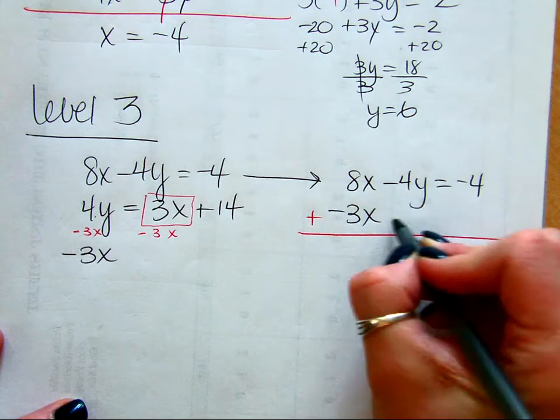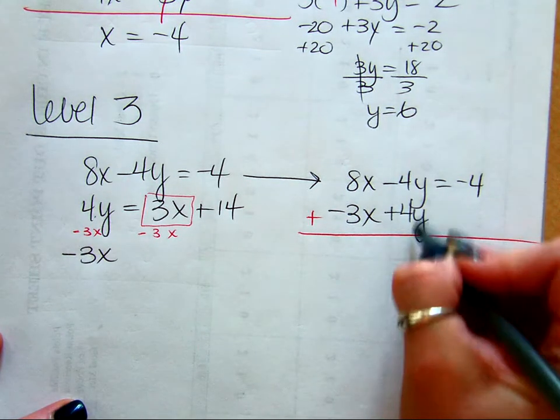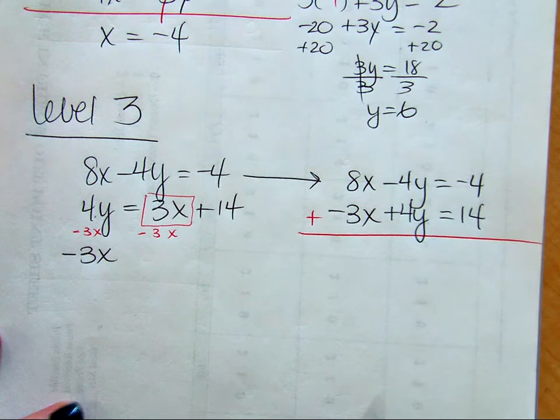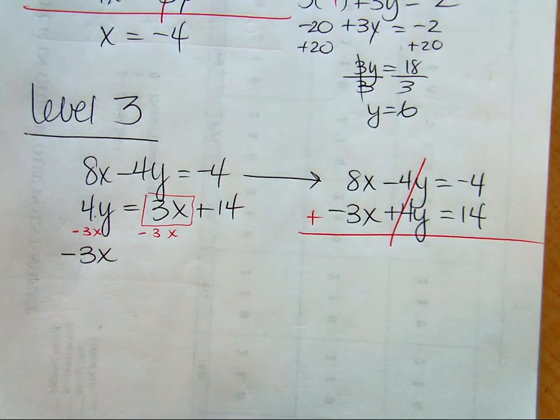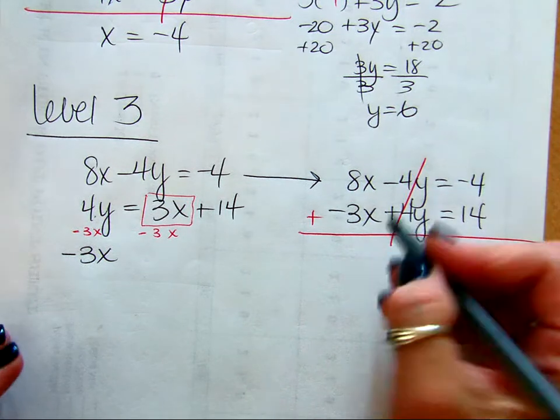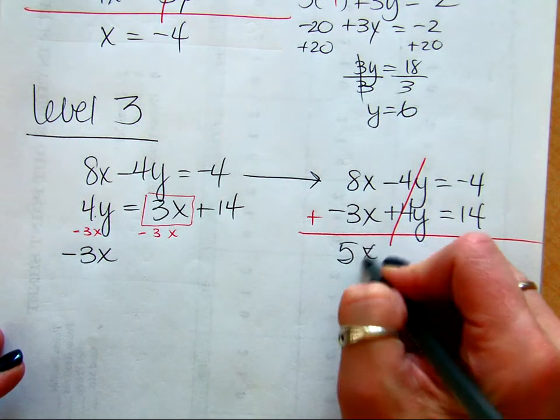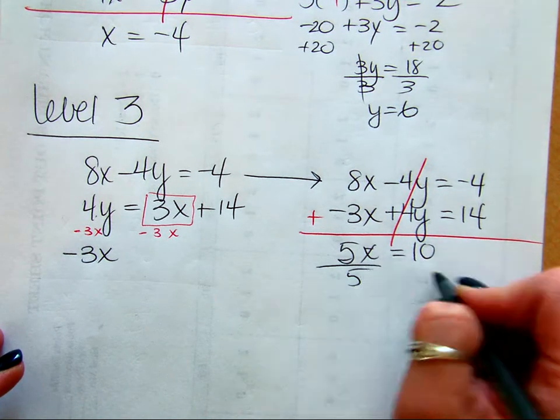The y goes in the second spot, and would you look at that, how nice that worked out to be. So a lot of times after you get it in standard form, it'll be ready to go. It'll be a level 1. Sometimes it won't be. So now that you gave yourself a nice clean work area and lined them up, the y's cancel, and you have 5x equals 10, and from there you keep going.